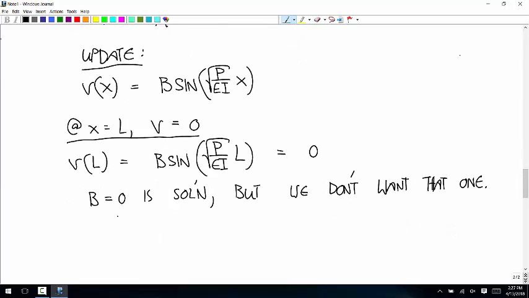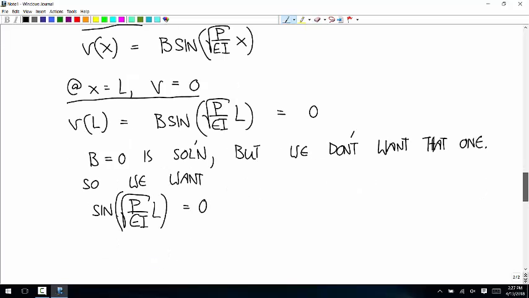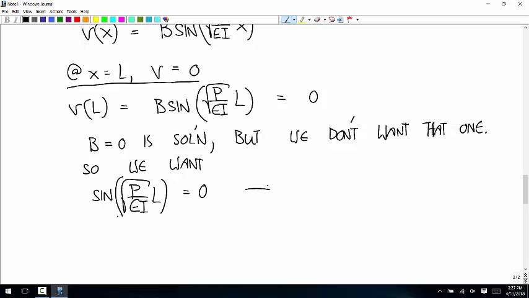So instead, we want the case where the sine of square root of P over EI times L is equal to 0. And that happens when the square root of P over EI times L is equal to n times pi for n equal 1, 2, 3, and so on.